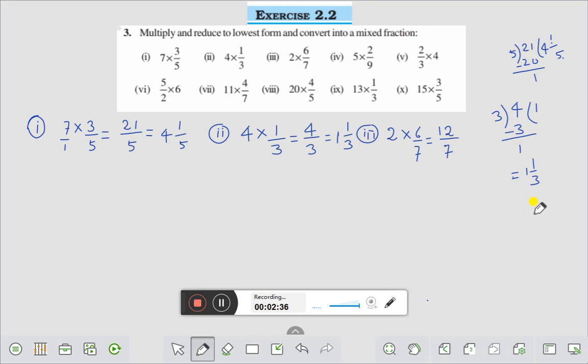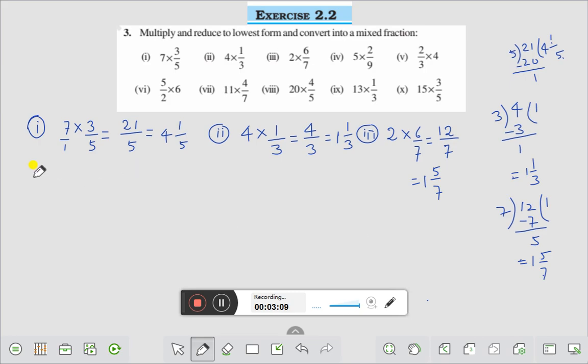If we divide 12 by 7, 7 ones are 7. 12 minus 7 is 5. That is we are getting 1 whole 5 by 7.